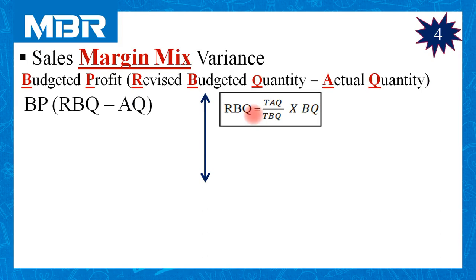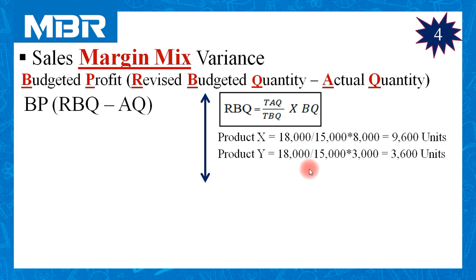RBQ is equal to TAQ, total actual quantity, divided by total budgeted quantity multiplied by budgeted quantity of the concerned product. Product X: total actual quantity 18,000 units, divided by total budgeted quantity 15,000 units, multiplied by budgeted quantity of product X 8,000 units. So it is 9,600 units.